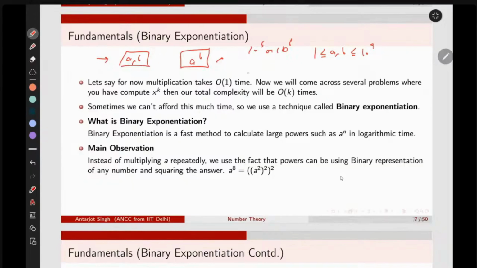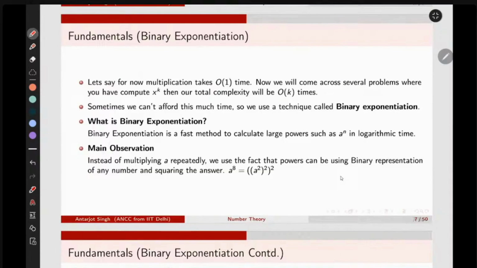If you have to compute 2 to the power 10 to the power 9 using our previous approach, the normal method we used till now, it would take big O of that many operations. And this would computationally take around 10 seconds, which is not a good limit.